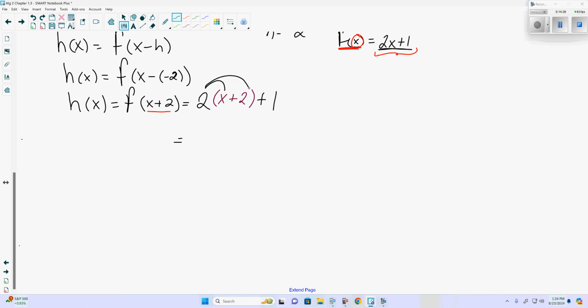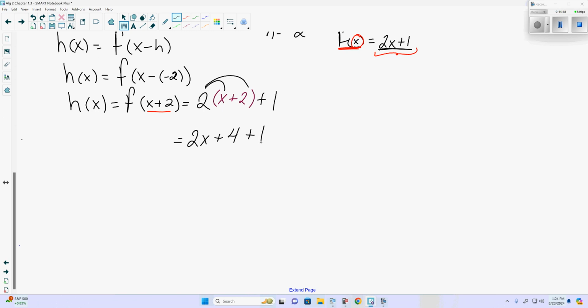Now our next step, and last few steps, is just to simplify. We need to simplify this down where we can. So the first thing we need to do is distribute the 2. 2 times x is 2x. 2 times 2 is plus 4. And then we still have the plus 1.